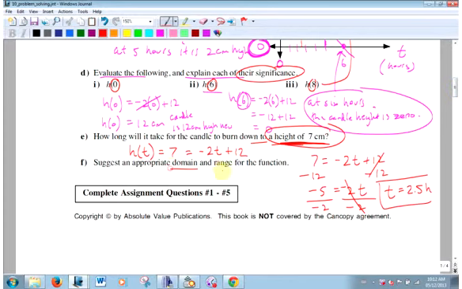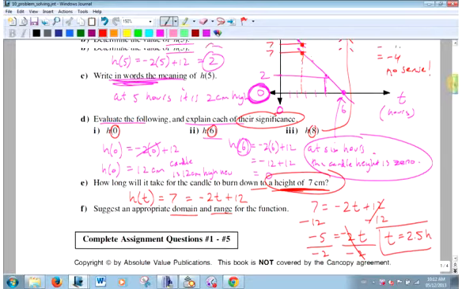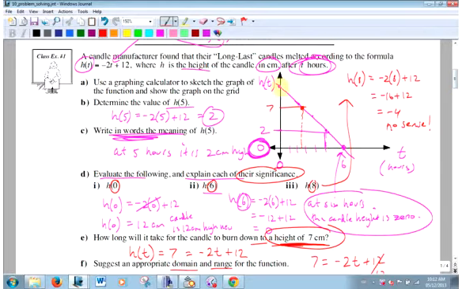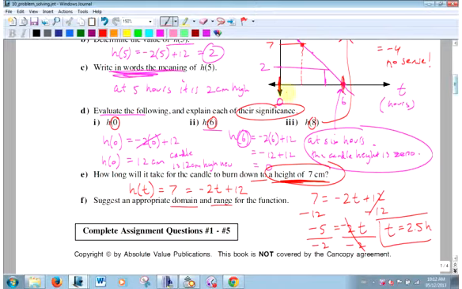Okay, lastly, hey, look at that, domain and range. Does this go on forever and ever, or does it just go from here to here? That's it. Domain, it's not x, it's t, but it's always the independent, the horizontal thing. It goes from here to there. What are those two numbers? 0 and 6. That's the domain.